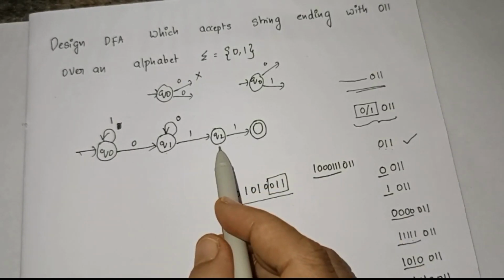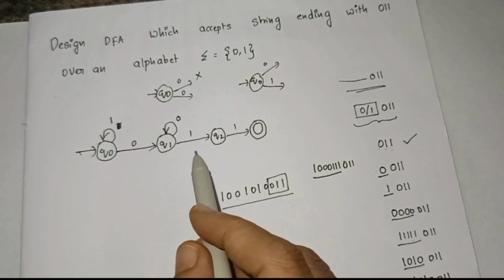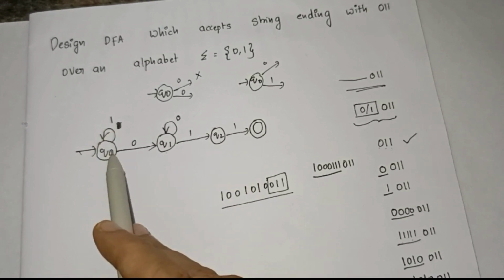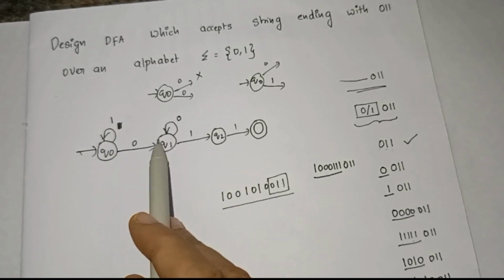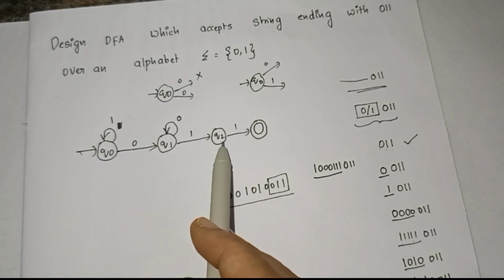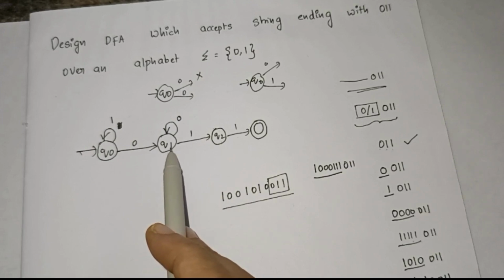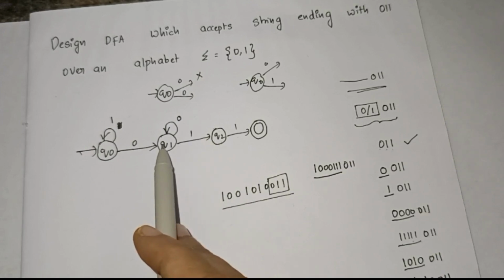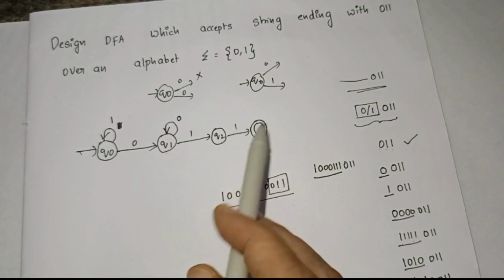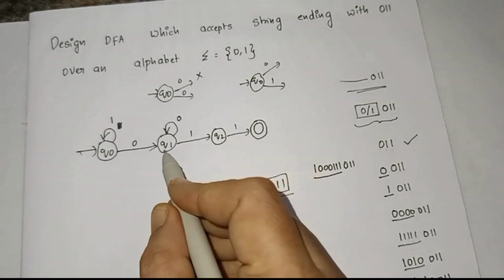If I make a transition from Q2 to Q1, then 1, 0, 0, 1, 0, okay, again 1, 0, 0, 1, 1. It is acceptable. So I can make a transition here.